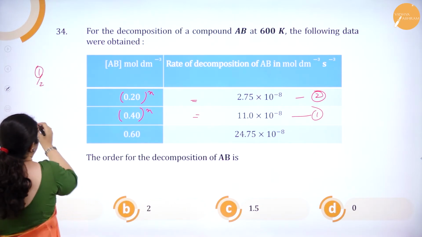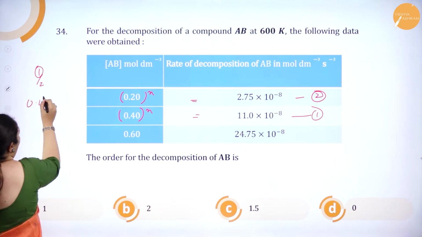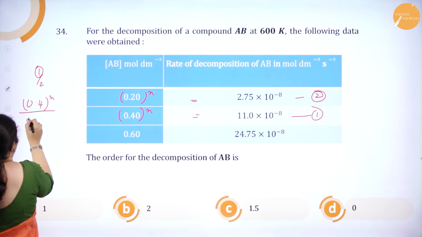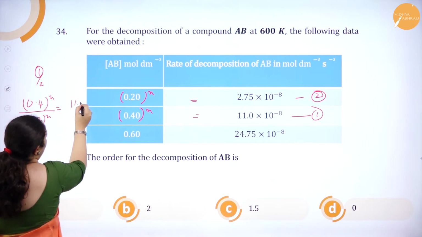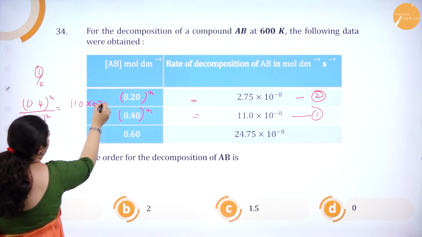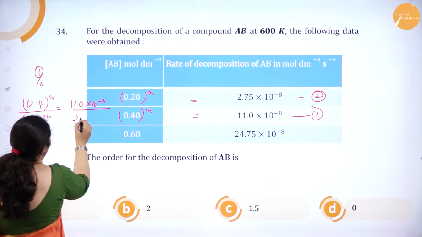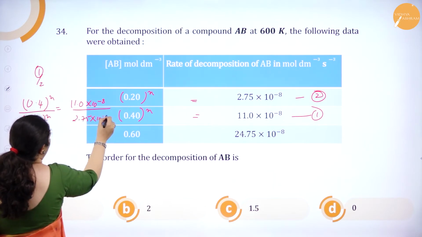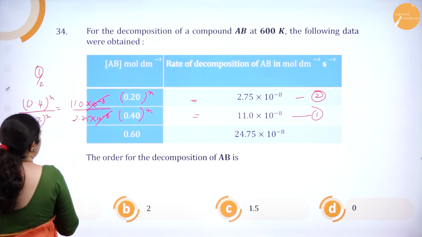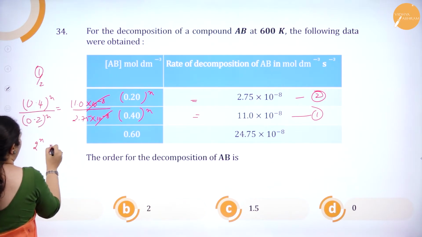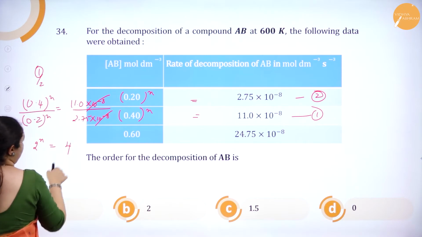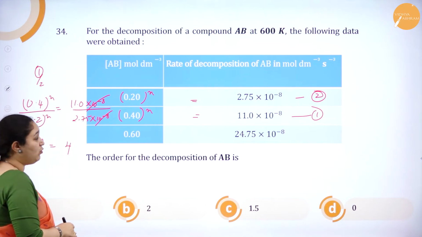So it will be 0.4 to the power n divided by 0.2 to the power n, which is equal to 11.0 into 10 to the power minus 8 divided by 2.75 into 10 to the power minus 8. This and this gets cancelled, and this will be 2 to the power n, which is equal to 4. 2.75 into 4 is 11.